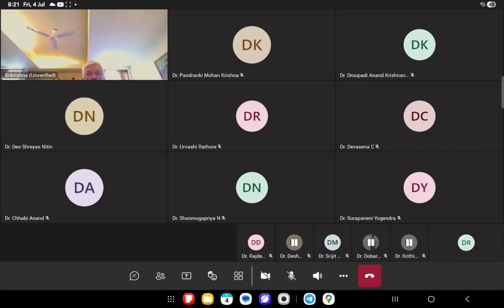The first thing that you all must know is that in ischemic MR, the pathophysiology is coronary artery disease. There is a deficiency of blood supply, especially to the papillary muscles, either the anterior or the posterior or both, and that causes mitral regurgitation. So that is the primary thing.